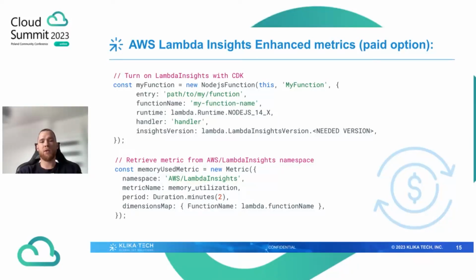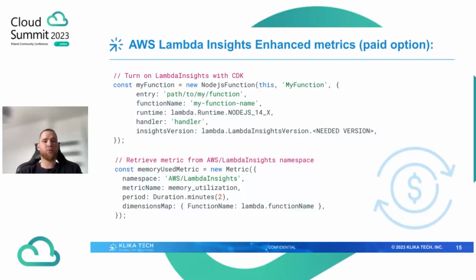Please note that Lambda Insights is a paid feature of AWS. You are charged based on the amount of data received by the service, measured in gigabytes per month. The example on the slide illustrates how to create a basic Node.js function with Lambda Insights enabled using the AWS CDK in TypeScript.